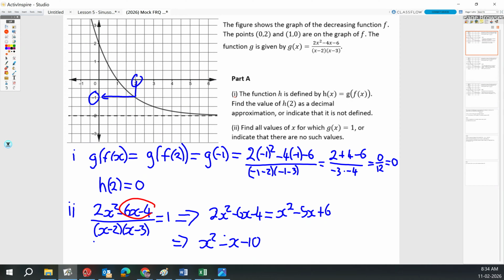I've copied down the question wrong here. So it should be minus 4x minus 6, not the other way around. Minus 4x minus 6.